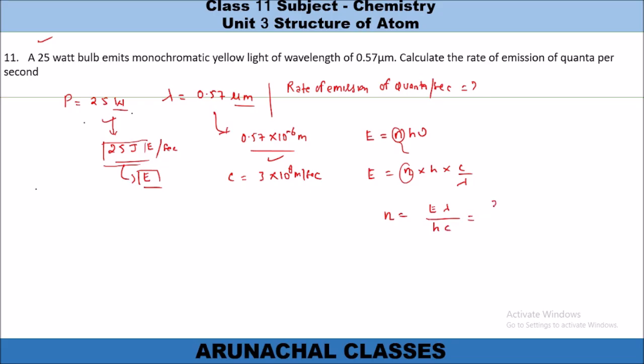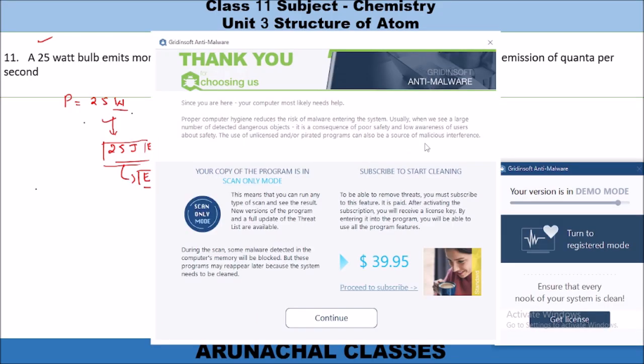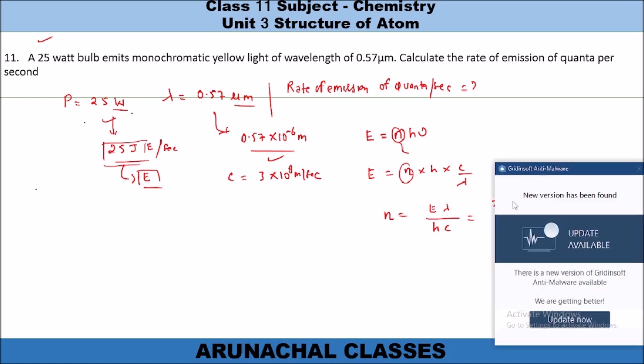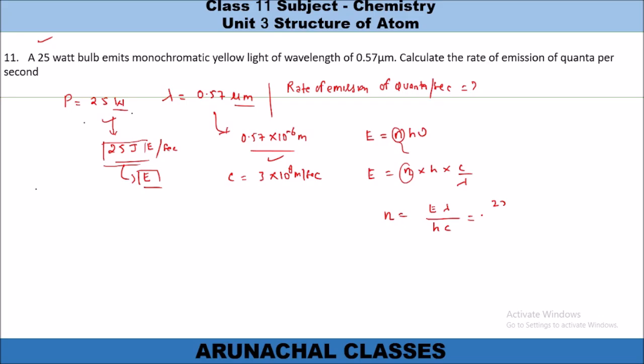E is given as 25 joule. So we have written here the E value as 25 joule. Then the λ value is 0.57 × 10^-6 meter, divided by the h value 6.62 × 10^-34 joule second, multiplied with the c value, 3 × 10^8 meter per second.